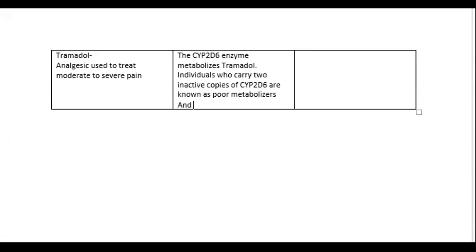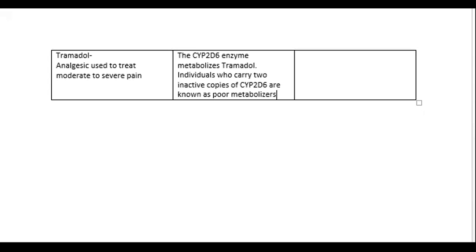And as we know, because of this poor metabolizers, there is a high level of tramadol in the blood.